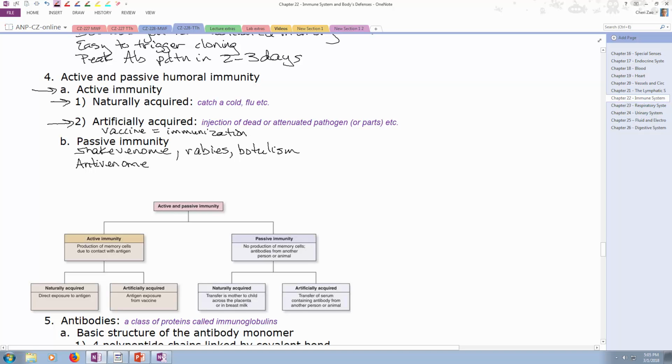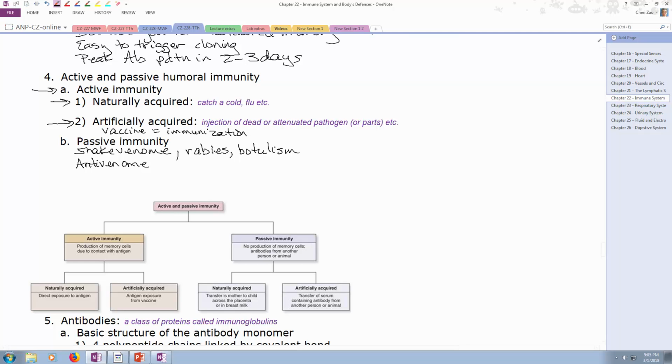There are no memory cells that activate with passive immunity. Correct. There is no such thing as memory with passive immunity. That's why if you get bit by a rattlesnake again, what do you have to do? You have to go back for another shot. That's right. And you don't want the other shot to be like the first shot.